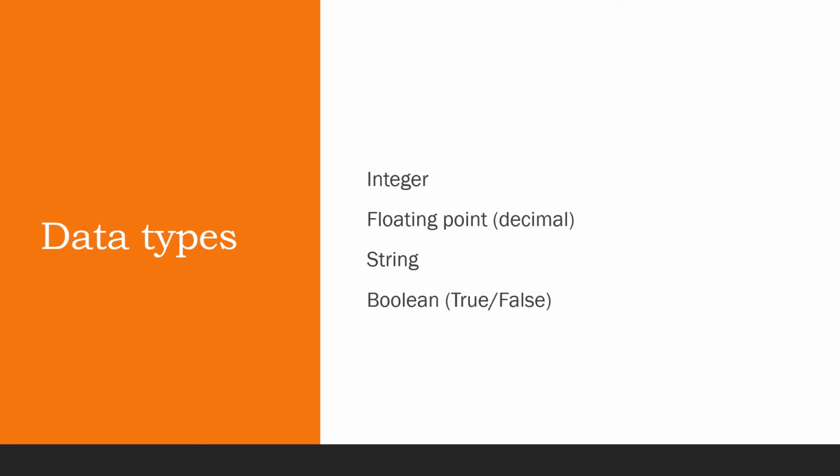There are a range of data types, but the 4 fundamental data types in Python and in most computer languages are integer, that's a whole number; floating point, that's a decimal number. Floating point just means that the decimal point can be stored in different locations, can appear in a different place, any part of the number.